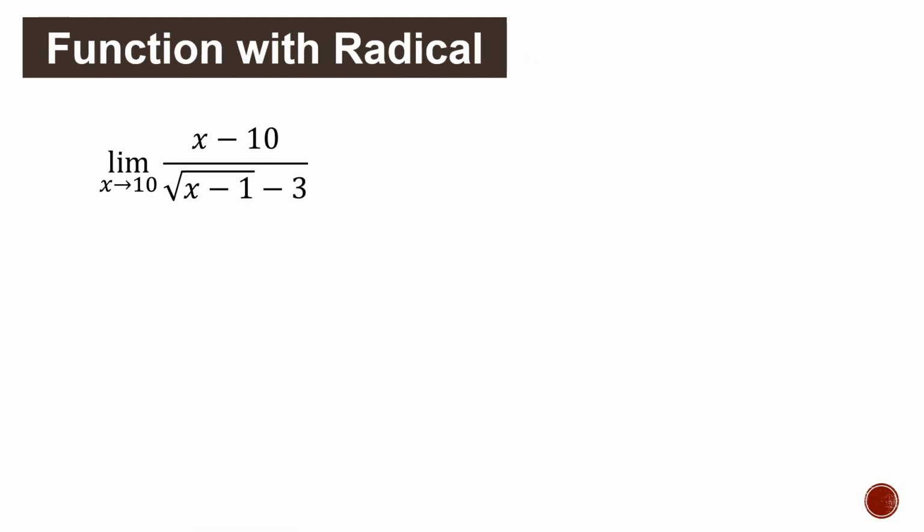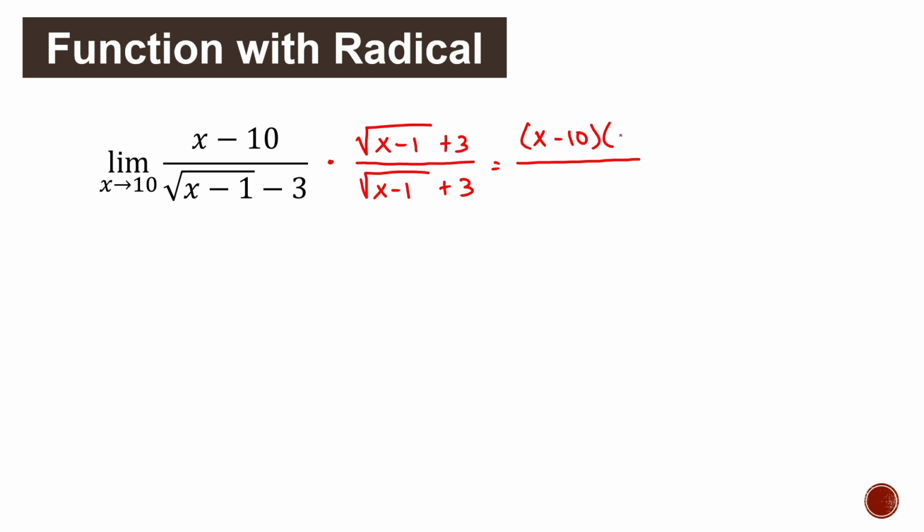Alright, again, function with radical. Just like what we did in the previous example, we need to multiply this by the conjugate of, this time, the denominator, which is the square root of x minus 1 plus 3. So the numerator will just be equal to x minus 10 times square root of x minus 1 plus 3.